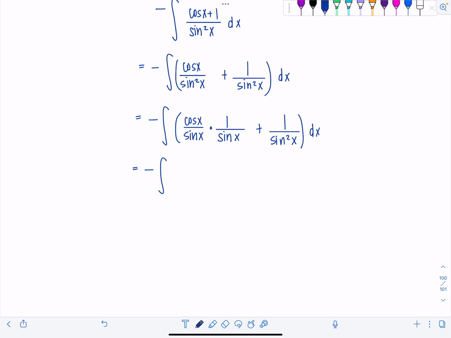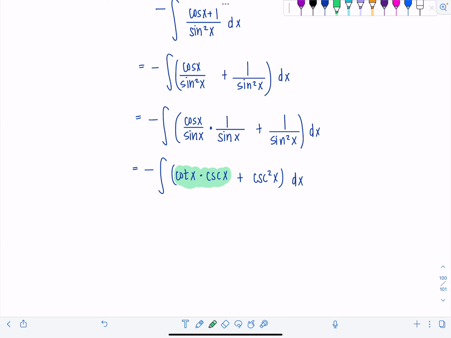Okay, cosine x over sine x, that's cotangent x, times 1 over sine x is cosecant x, plus 1 over sine squared x. Very good. Cosecant squared x dx. And I got so excited because I was like, oh yes, I know.